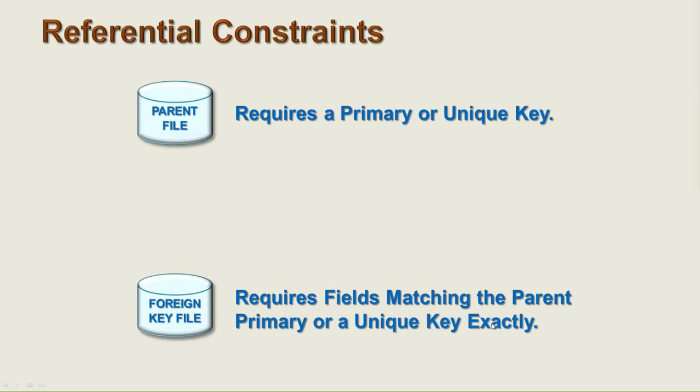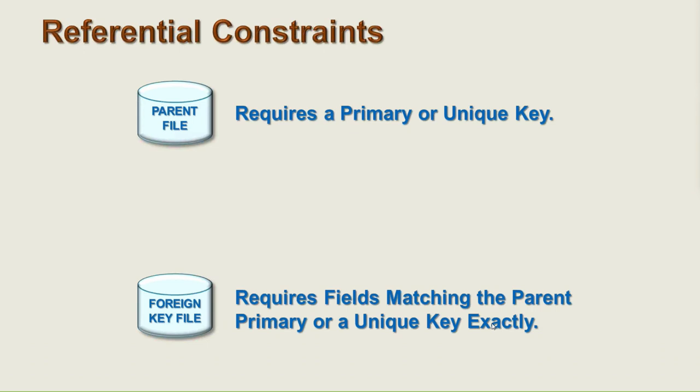Now this has got to be carefully thought about. In my foreign key file, i.e. my dependent file, my child file, I have to have fields that match my unique key in my parent, either primary or unique.